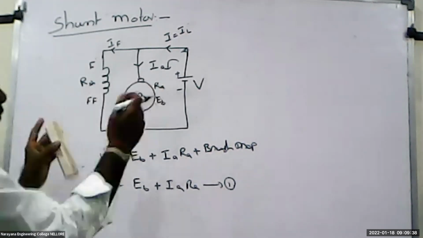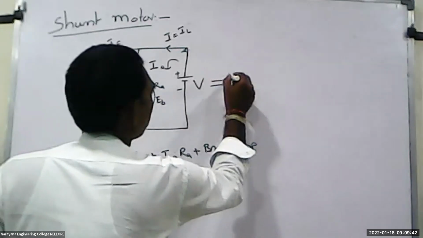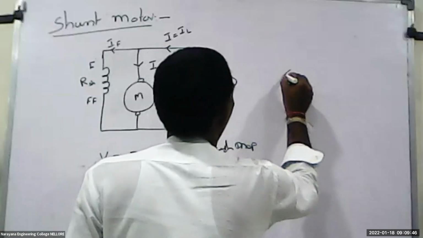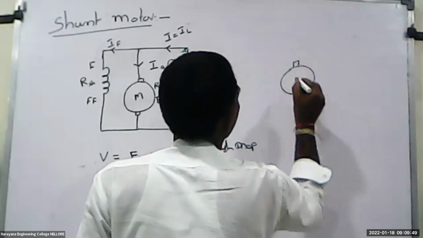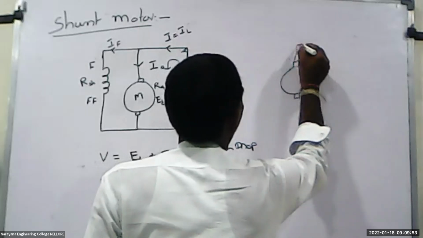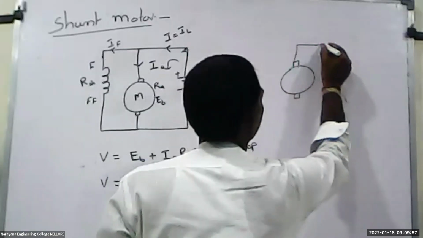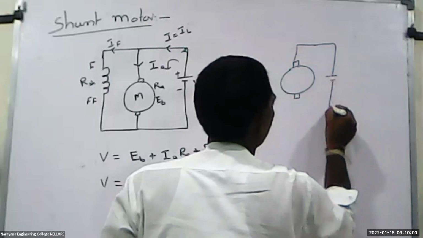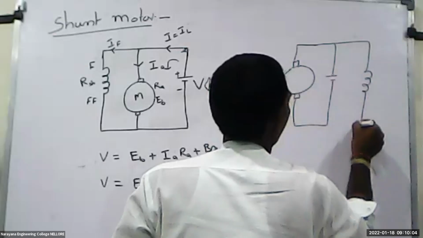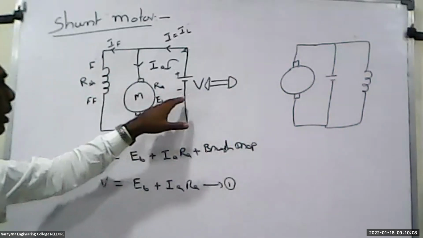Now I have to modify this diagram into another form. On one side I consider the supply voltage, and on the other side I replace this with the field winding, because all are connected in parallel.